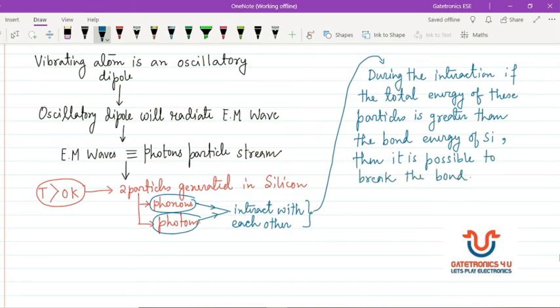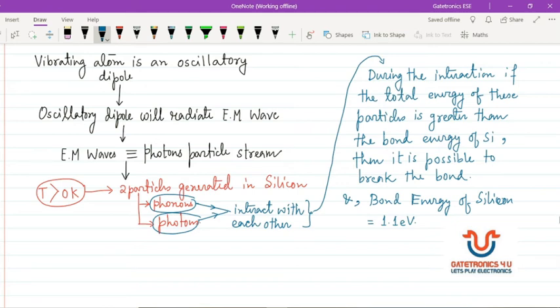And we know that the bond energy of silicon is equal to 1.1 electron volt. If the total energy is greater than this 1.1 electron volt, then the bond between the silicon atoms will be broken.